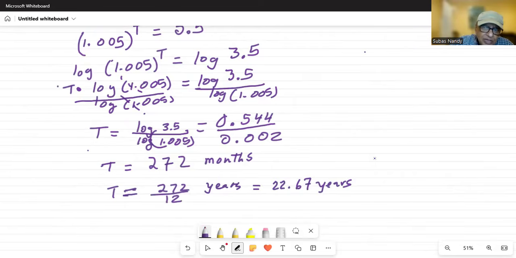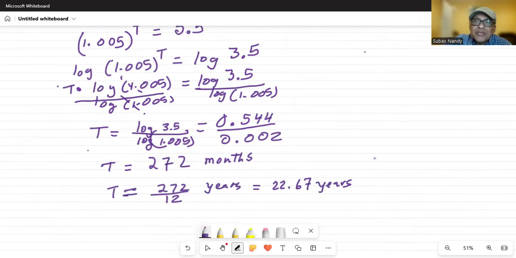So what has happened now? Initially, my payment was scheduled as $600 a month. And if I would do that, $600 every month, I would pay off the loan in 30 years. But now I have increased my payment from 600 to just $700 a month. Additional $100. Remember, additional $100.